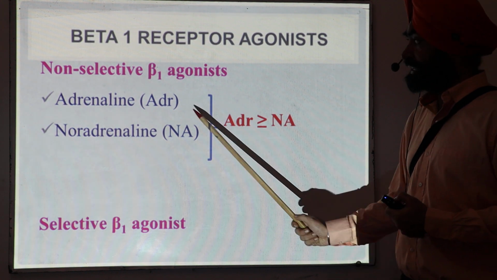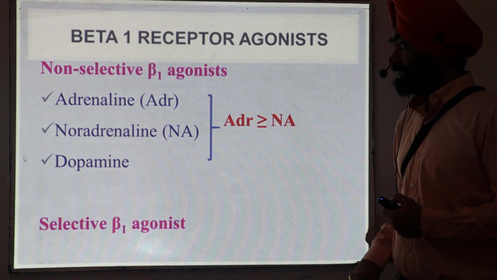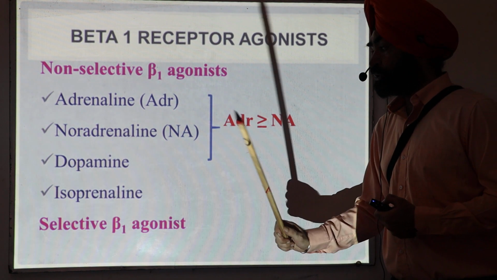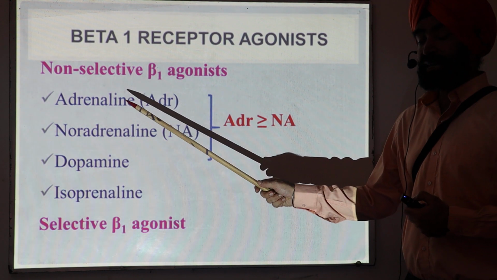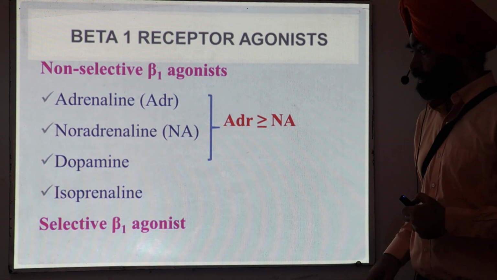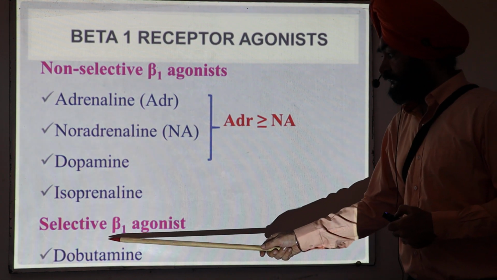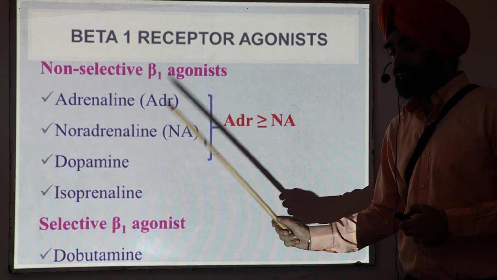They equally activate the beta 1 receptors. Then we have dopamine and isoprenaline. These are non-selective, which means they can activate beta 1 as well as other beta receptors. But dobutamine activates mainly beta 1 only.